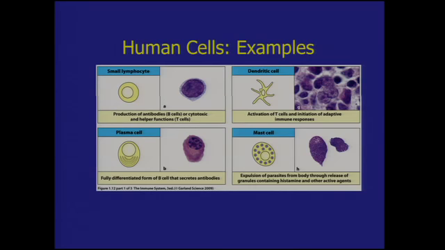Now here's some examples of human cells. I've chosen particularly cells from the immune system because we will be talking about immune system function next week. And you can see that they're quite different looking when they're stained by various dyes, and that's what we use as a tool all the time in the pathology department. So this is a small lymphocyte. That's one of the basic white blood cells that's involved in mediating immunity. This is a plasma cell.